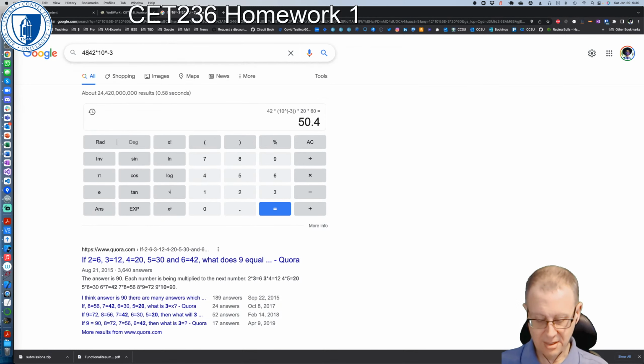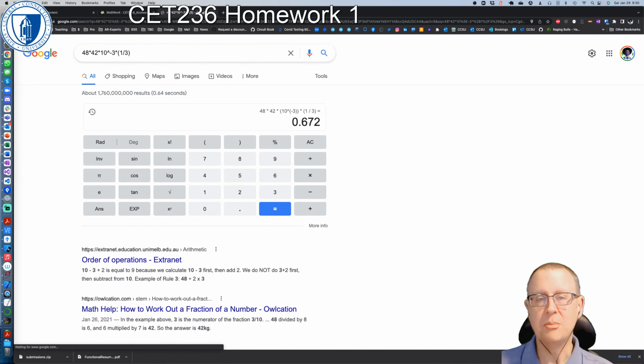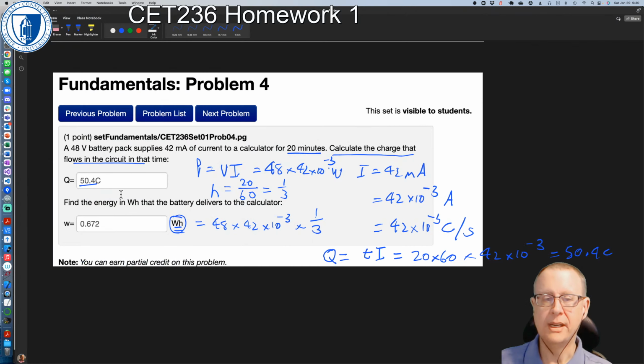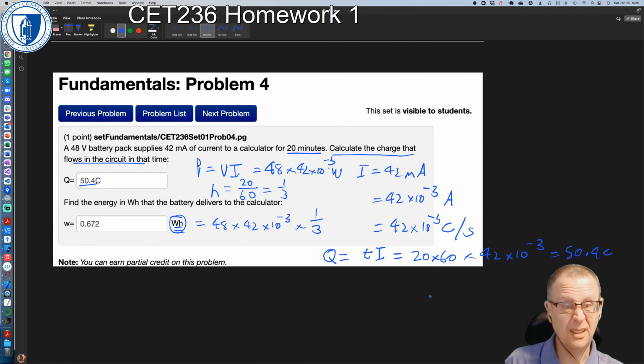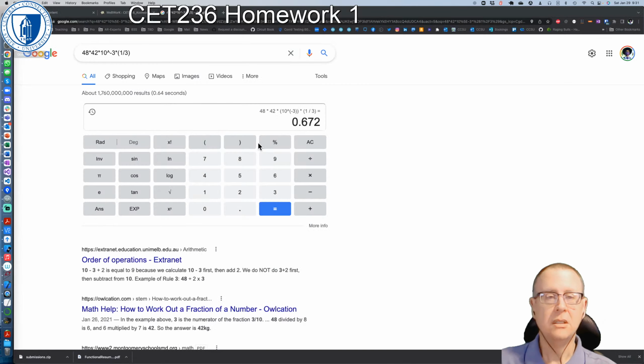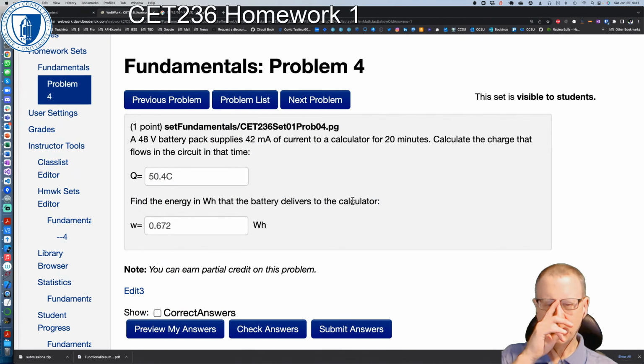Right, so 48 by 42 by 10 to the minus 3 by 1/3, and we get 0.672 watt hours. And because the units are outside the box, you don't need to put them in. Okay, let's go to the next one.